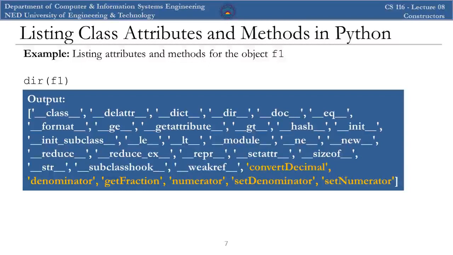Some of you might be thinking that when we talked about the namespace concept for objects, I told you that these methods are actually not present in the namespace of an object. They only reside in the main namespace or in the class's namespace. And whenever an object calls a method, these methods are executed from there.